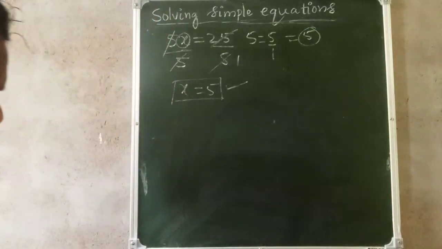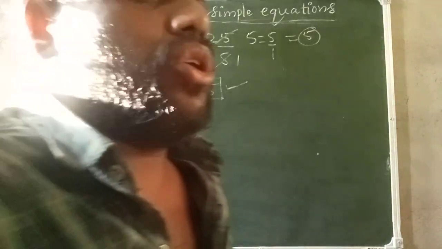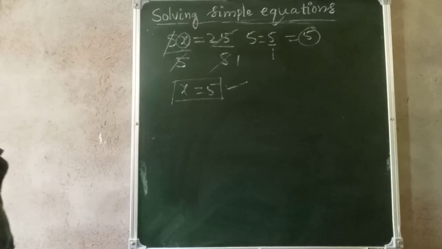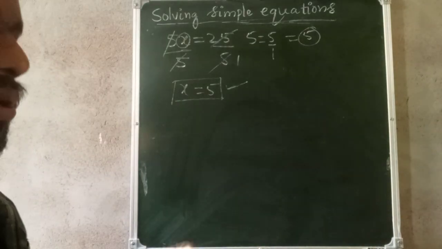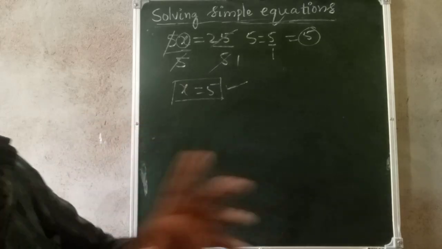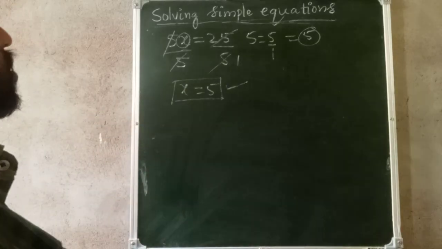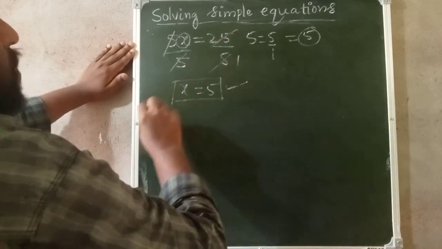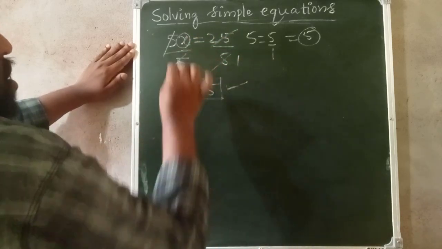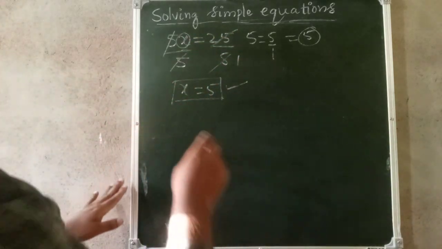Now if you want to check whether this answer is correct or not, there is a process that you have to follow. Now in the given equation 5x is equal to 25. So I'll write one side. So what was the given equation before?